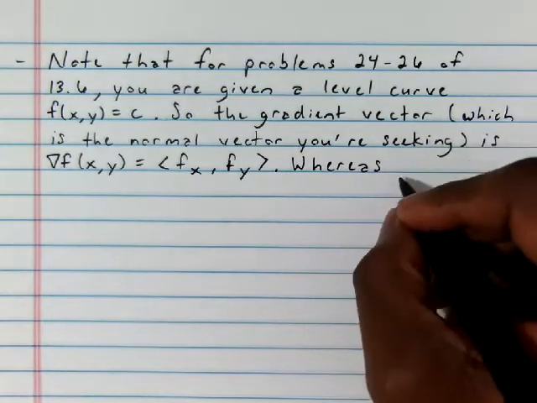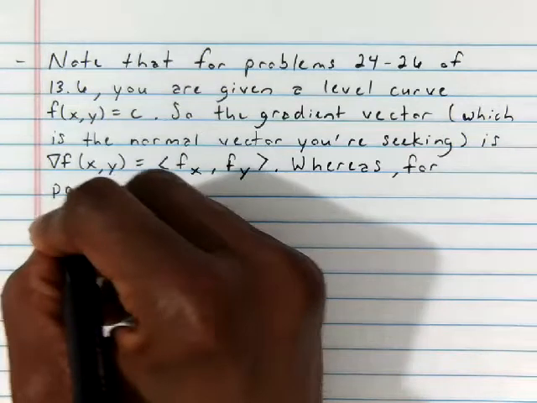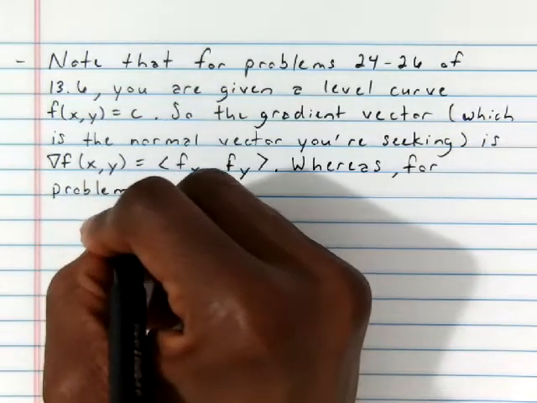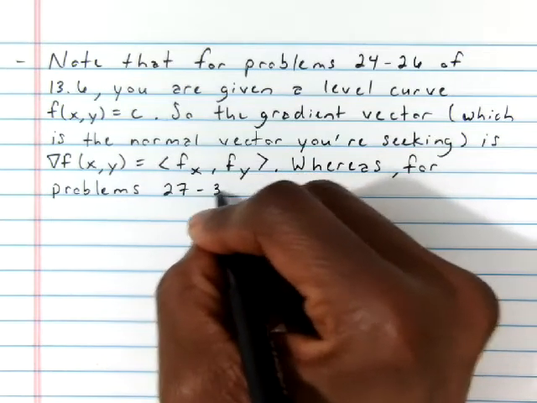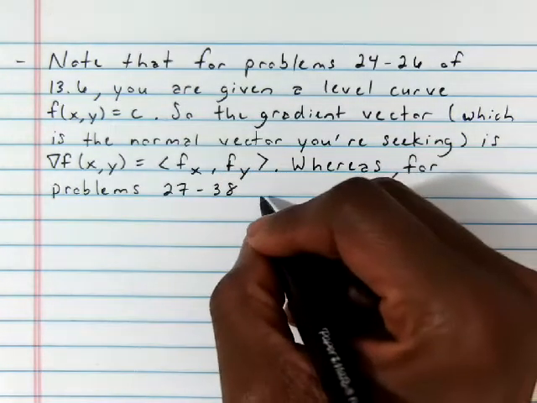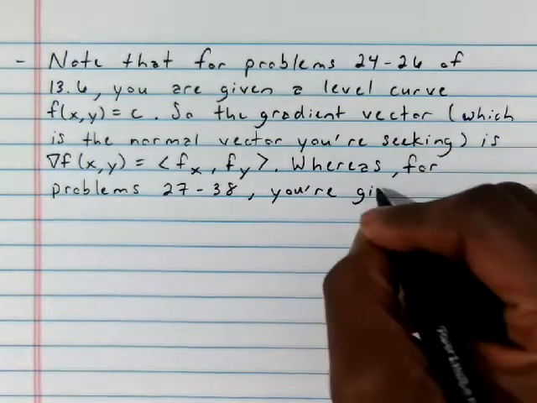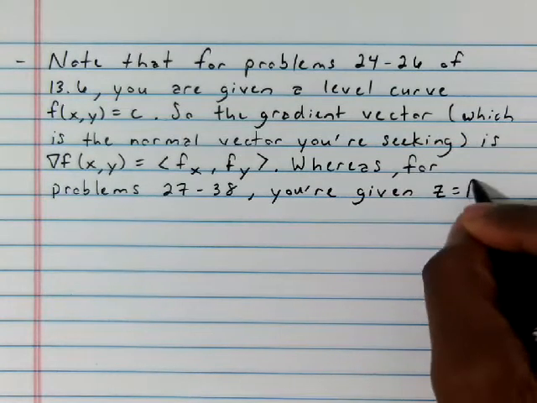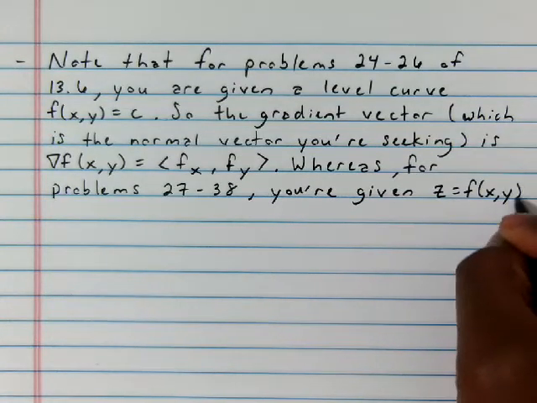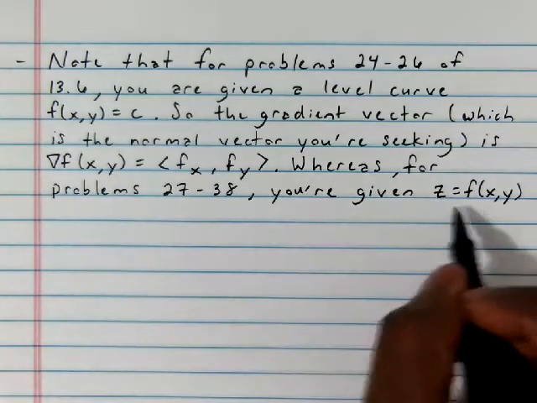Whereas for problems 27 through 38, you're given z equals f of x y. So for those, it was f of x y equals a constant. Now it's just z equals f of x y.